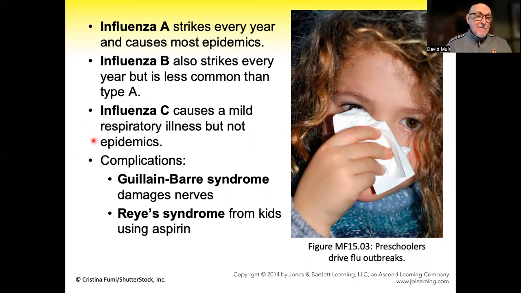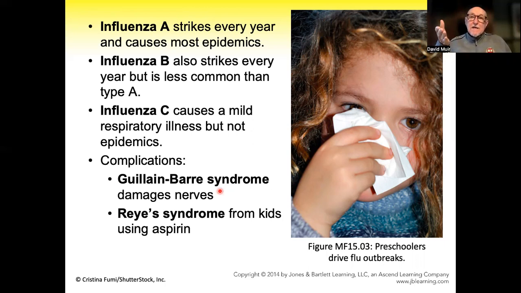There are definitely complications associated with the influenza virus, even if you're able to recover from it. First of all, secondary bacterial infections. But it's also associated with a condition called Guillain-Barré syndrome, a paralytic disease of the nervous system that is probably an autoimmune disease, which can be sparked by various things.